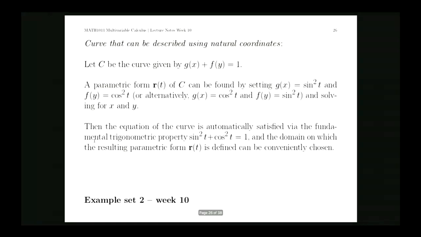But if you can force the trig identity to work for you, if you can write it as something of x all squared plus something of y all squared equals 1, you can force this trig parameterization to work.